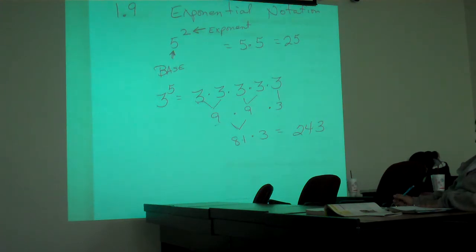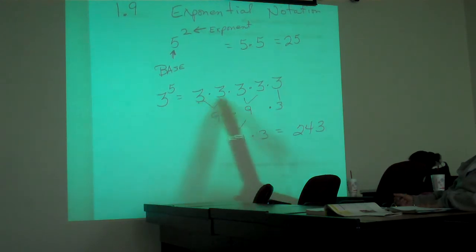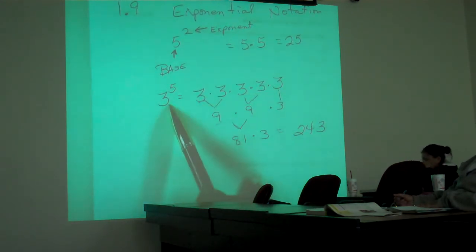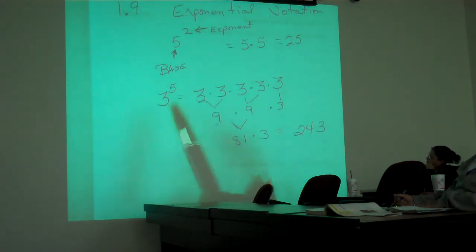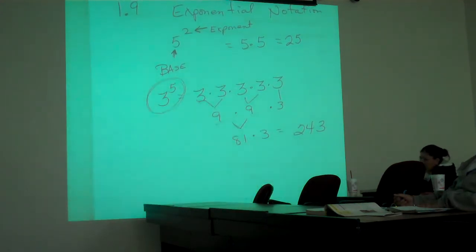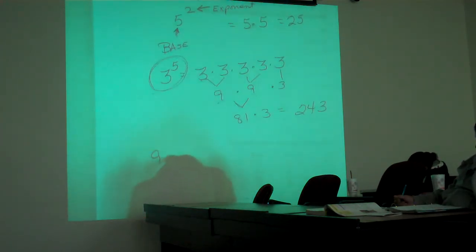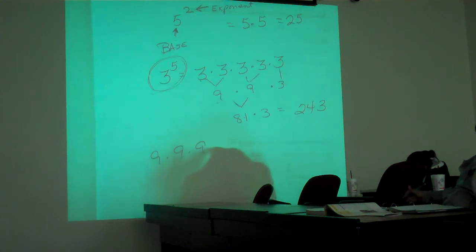Okay, when you're doing these problems, pay very close attention to the directions, because some of the directions just tell you to switch this into exponential. You don't have to do the multiplication if it just wants the exponential notation for it. If it tells you to write this number in exponential notation, you don't have to multiply it.